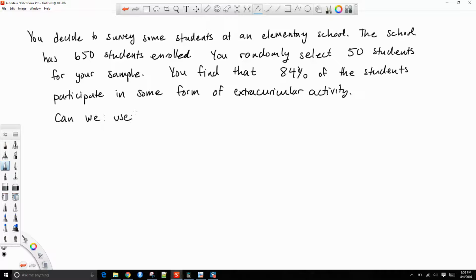Okay. Can we use the central limit theorem in this scenario? If not, what condition is violated?